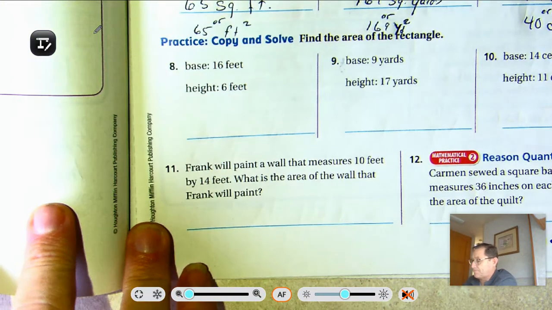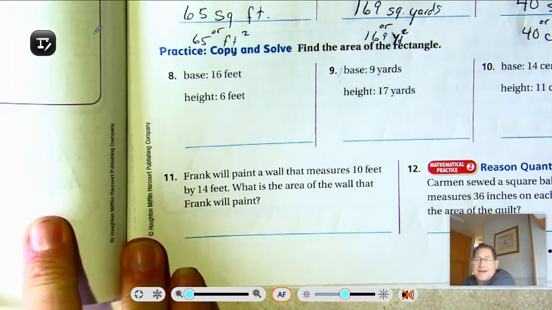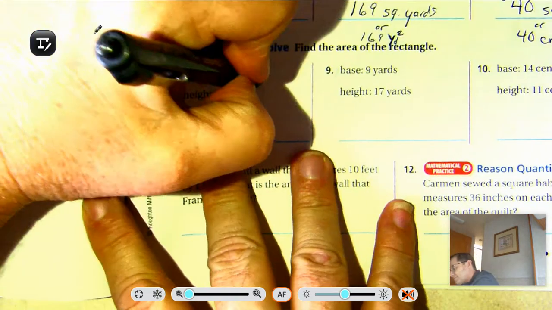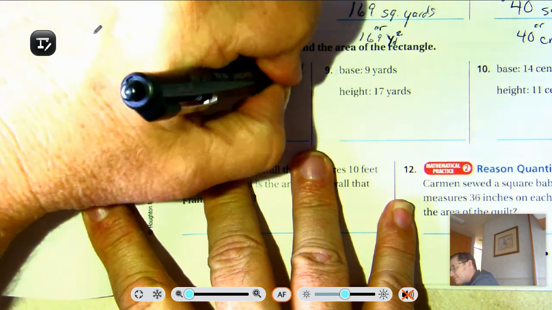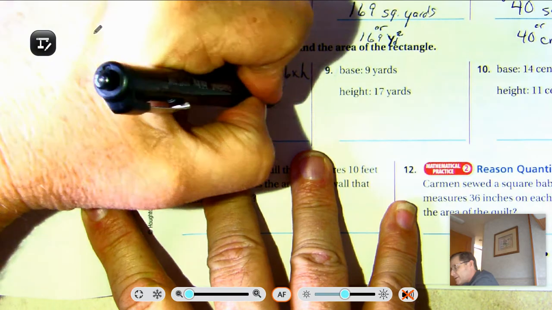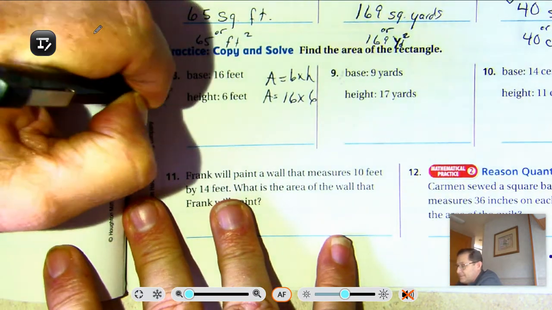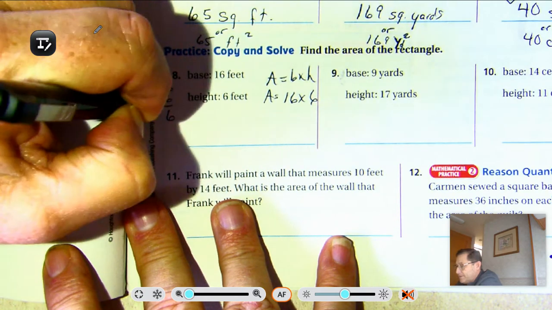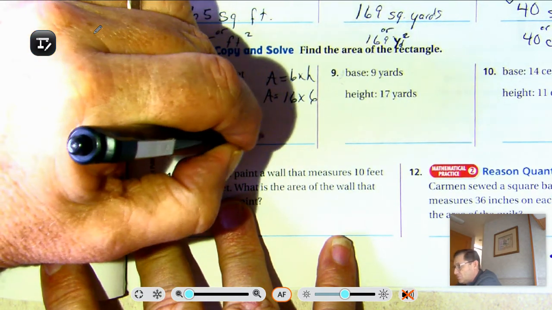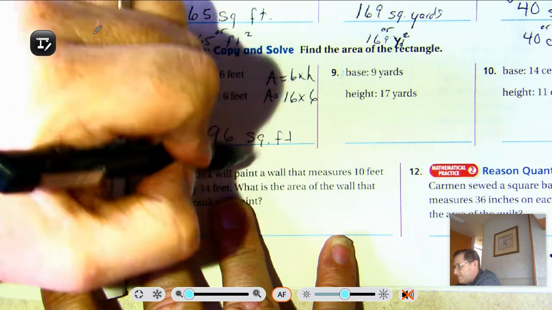Number 8. We have a base of 16 and a height of 6. So area equals base times height. Area equals 16 times 6. 96 square feet.